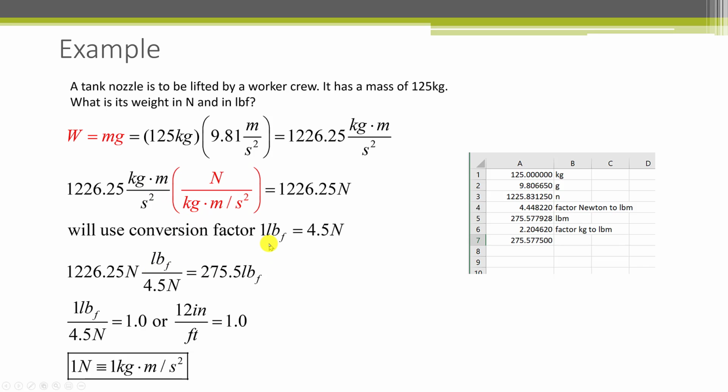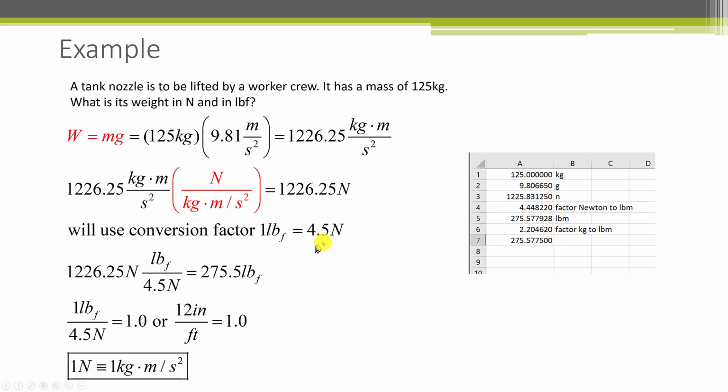To find the force in pounds, we'll just use the conversion factor that was shown previously. That's 4.5 newtons per pound force. So I have to have pounds force in the numerator, so I know that I have to divide by the 4.5 newtons per pound force. You can see it here, 4.5 newtons.